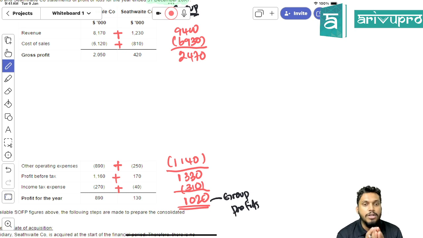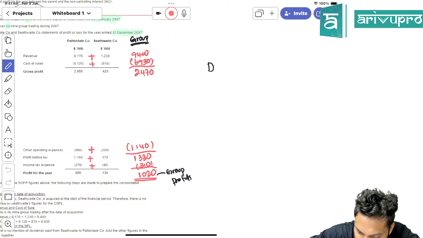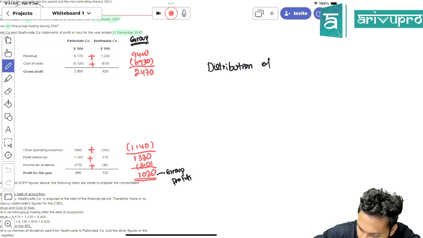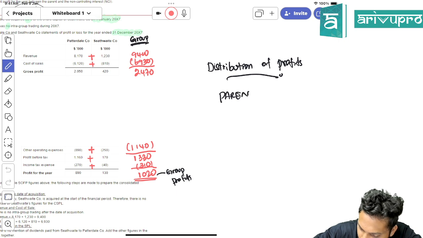So now you need to attribute or distribute your profits. When you are distributing your profits, be very careful. I'll do it on this side. So I'll say distribution of your profits. You need to distribute between your parent and subsidiary.